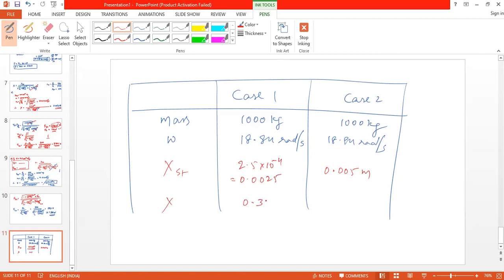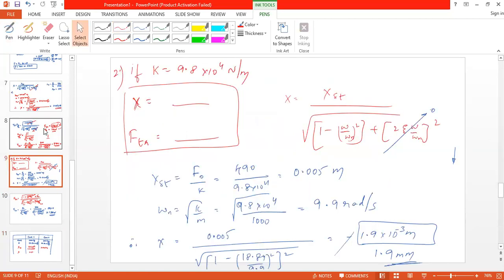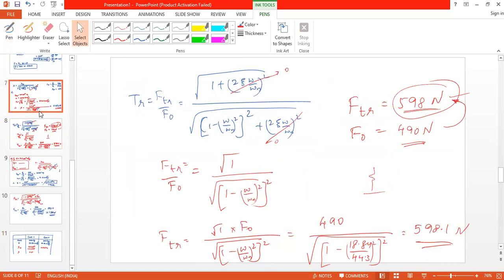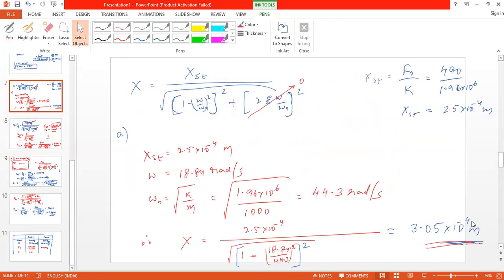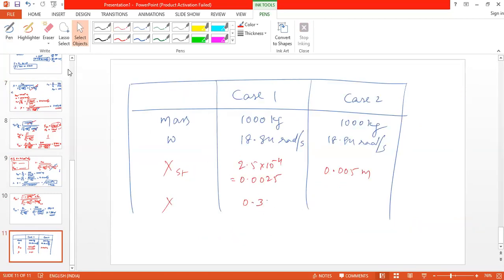So the deflection in the first case was 3.05 into 10 power minus 4 meter.